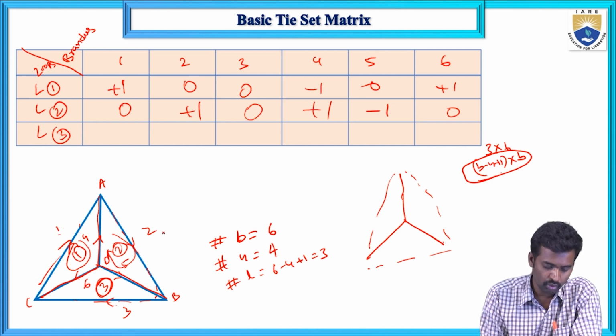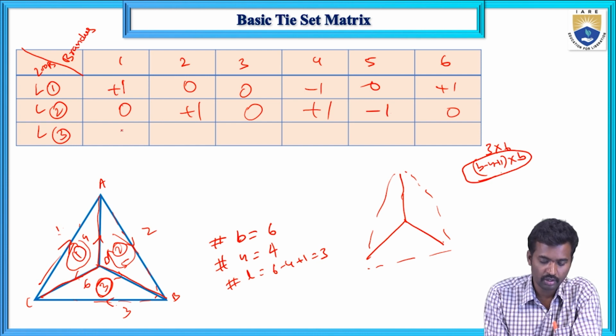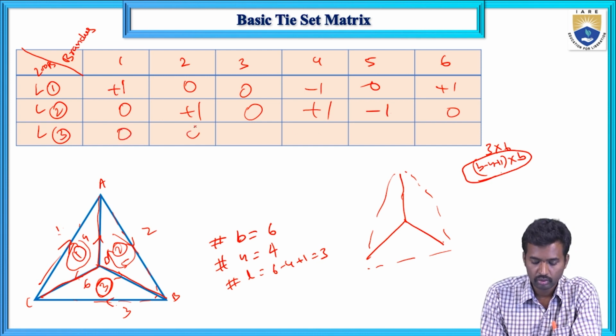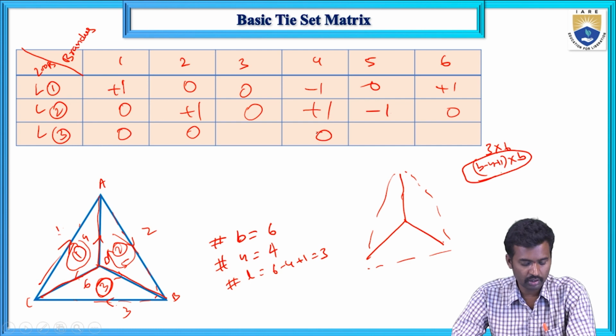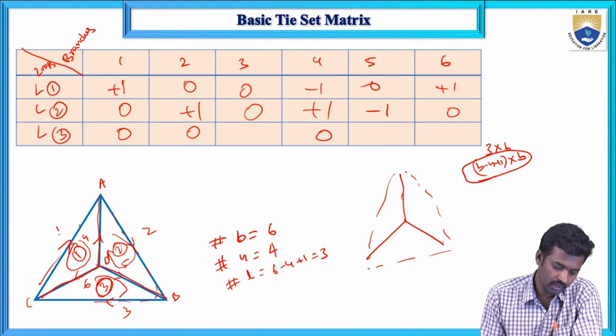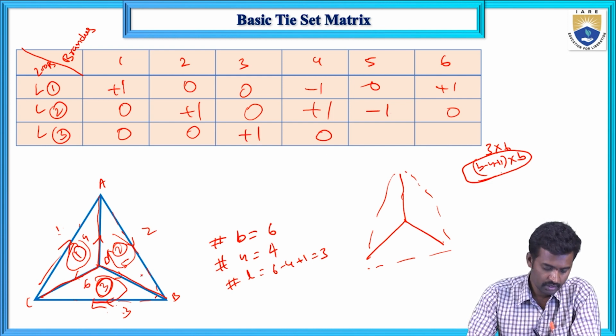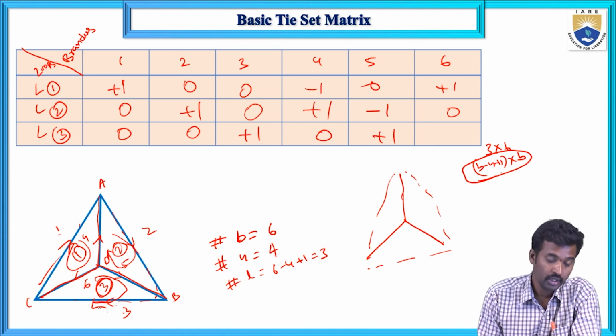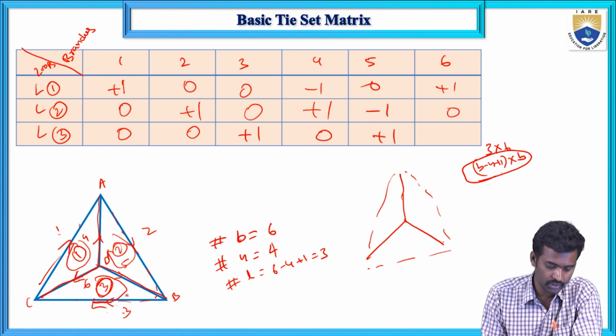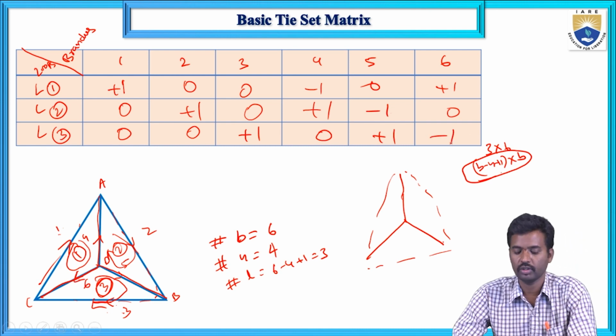Here 1, 4, 2 are not associated, so 0. So this is the 3 branch and this one is the same direction, and this is a 5. Fifth one is also the same direction, plus 1, and this sixth one is the opposite direction, minus 1.